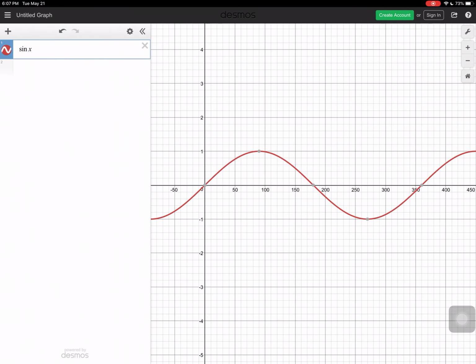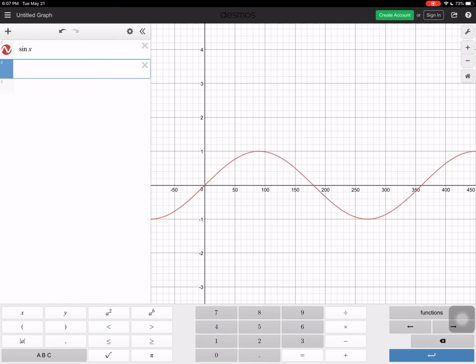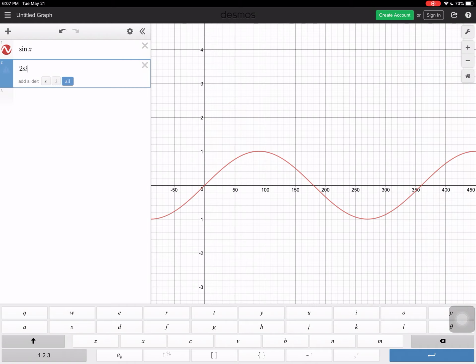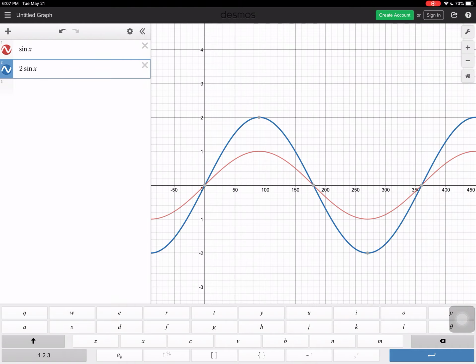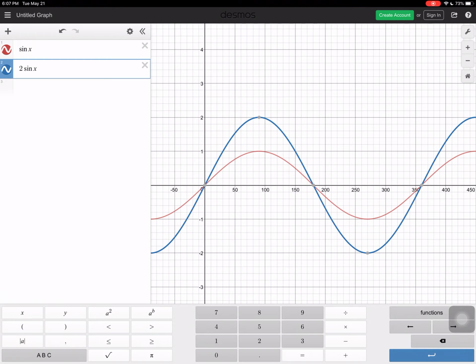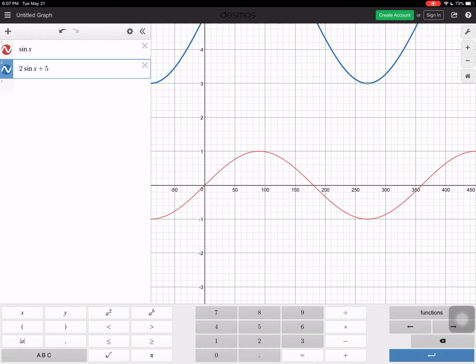So let's go back here. I'll show you what we're actually going to write. We could technically have 2 sine x, and then I'm going to put a couple other things in here. Let's say plus 5, but I'm also going to put some brackets in here.